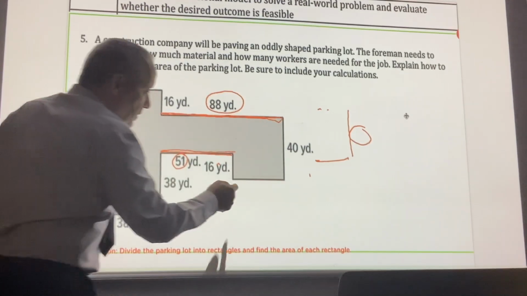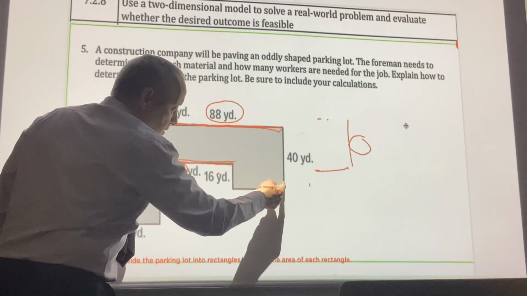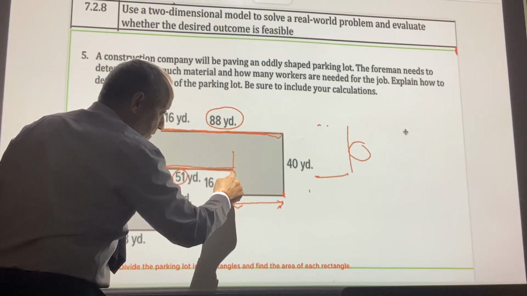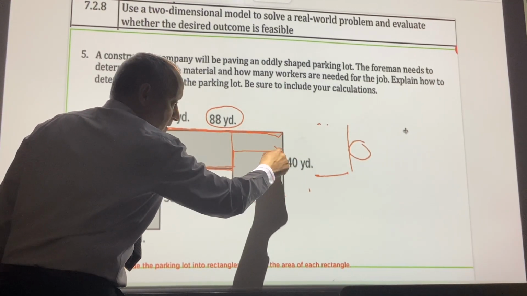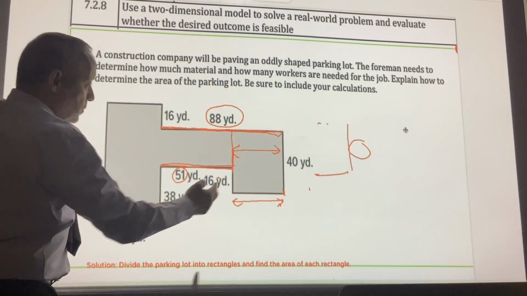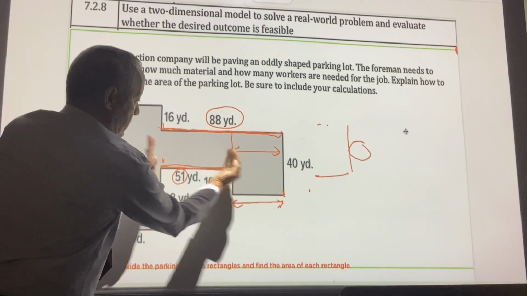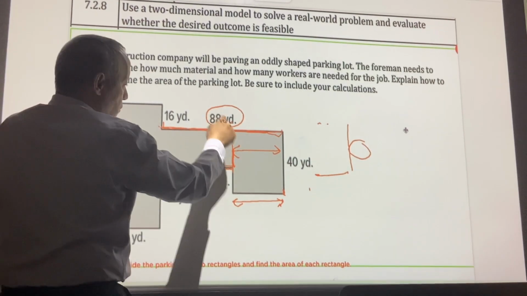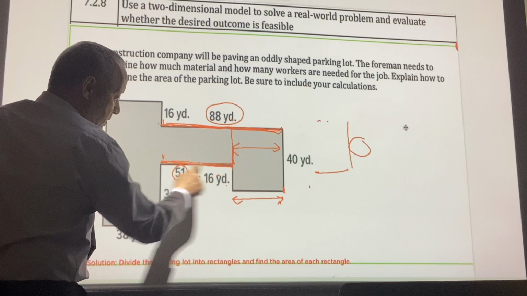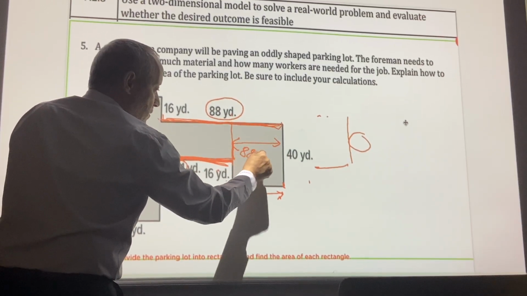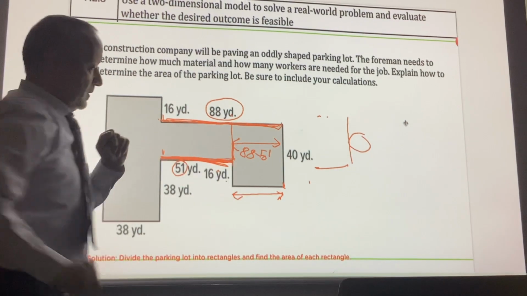So if you want to calculate this length, which is exactly this length, you take all this 88 and you cut this bit from it. That's why you have to do 88 minus 51.